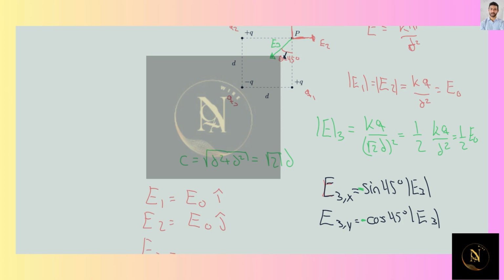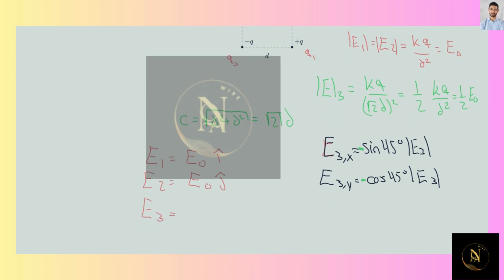So, with this information, the vector corresponding to the electric field due to particle 3 is going to be sine of 45 degrees, which is 1 over square root of 2, minus 1 over square root of 2 times the magnitude, that is 1/2 of E0, in the i direction, and minus the same thing in the y direction. So minus 1 over 2 times the square root of 2 E0 on i, and the same on j.